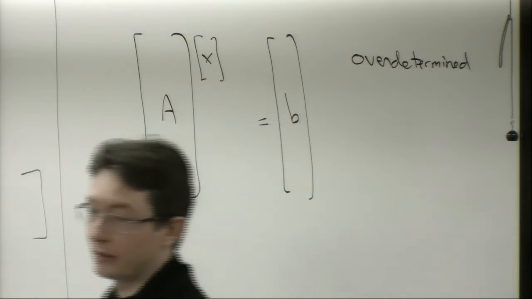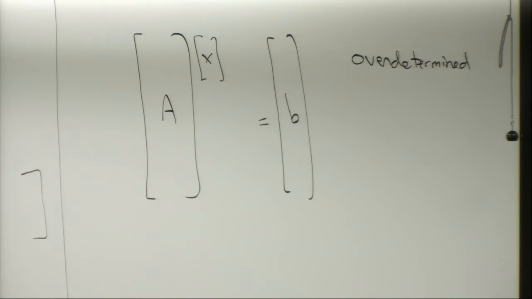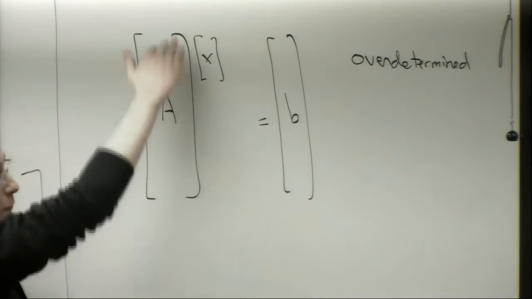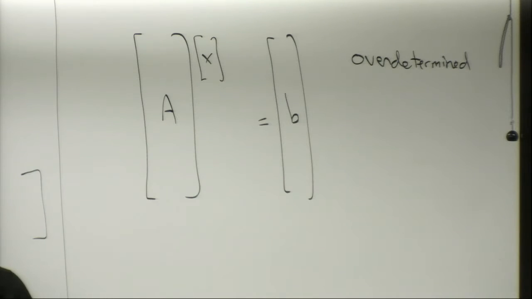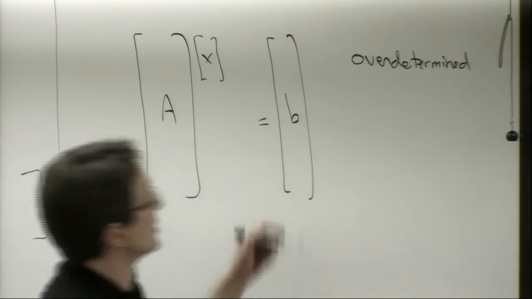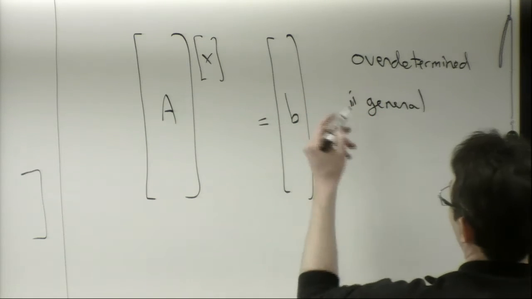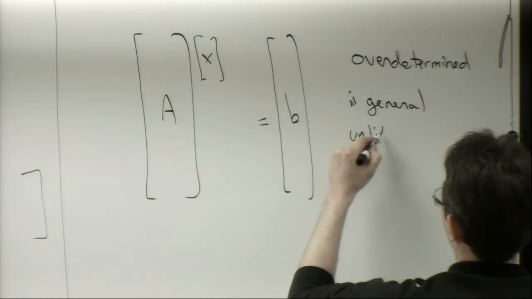And typically, there is no solution X that satisfies all of these equations simultaneously, right? Every row of this is an equation, and I have way more equations than unknowns, and it's very likely that some of these equations will conflict with each other, and they'll just be fighting, and you can't find an X that satisfies both of them simultaneously. So in general, we're unlikely to have a solution to X.